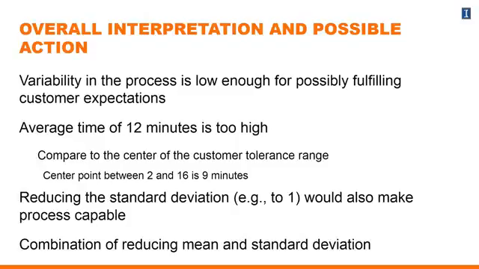By getting it to 9, it's going to have a process that will look capable of serving the customer expectation, or you can reduce the standard deviation. So if the restaurant were to make their process more predictable, have the standard deviation of their process reduce, let's say from 2 to 1. Right now their standard deviation is 2. If they can have that standard deviation to 1, that would also make the process capable.